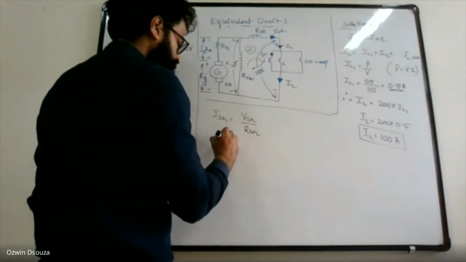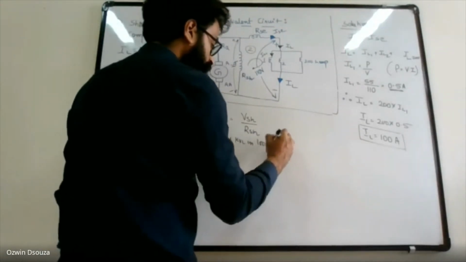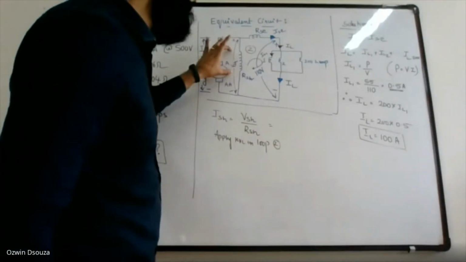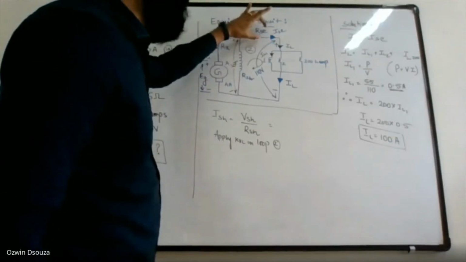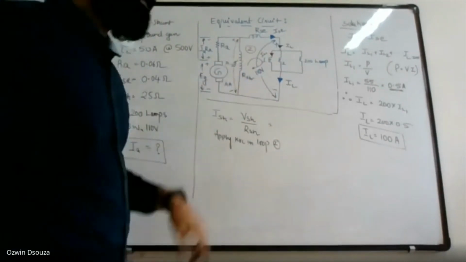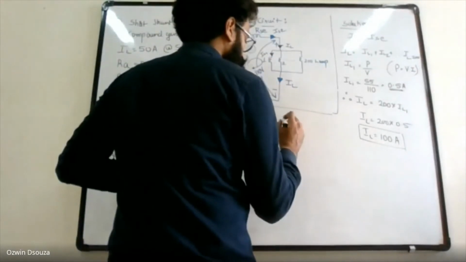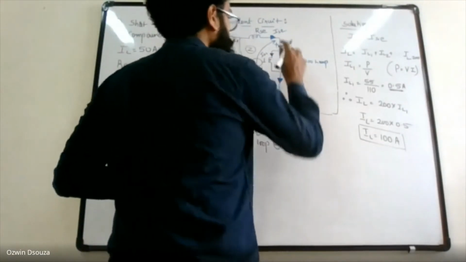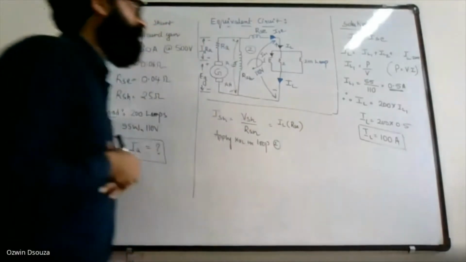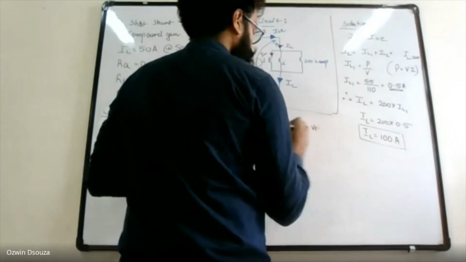So apply KVL in loop 2. VSH minus ISC RSC minus 110 volt, so VSH is equal to IL into RSC, because IL is equal to ISC, plus the terminal voltage VT.